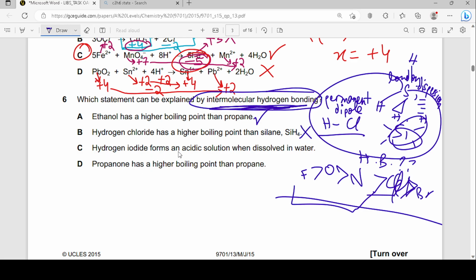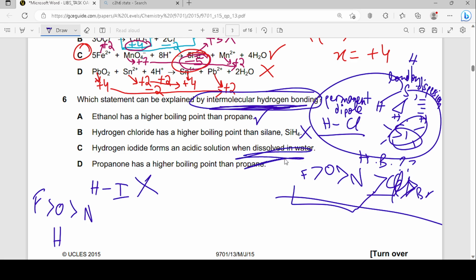Then C, hydrogen iodide forms an acidic solution when dissolved in water. Well, if I look at hydrogen iodide, it does not have hydrogen bonding, because for hydrogen bonding you need fluorine, oxygen or nitrogen attached to hydrogen. Well, that's one of the prerequisites. So that condition is not satisfied here. So hydrogen iodide does not have hydrogen bonding.